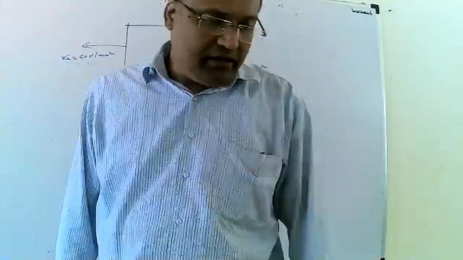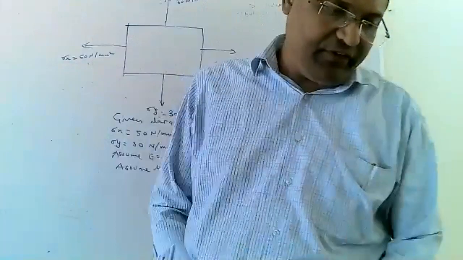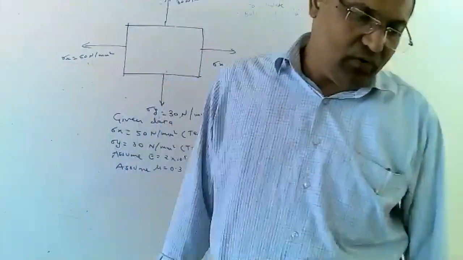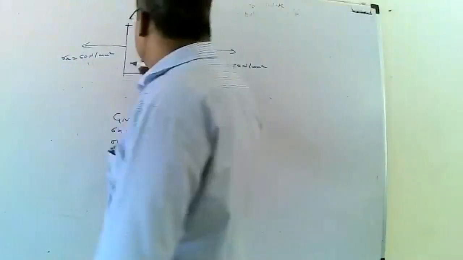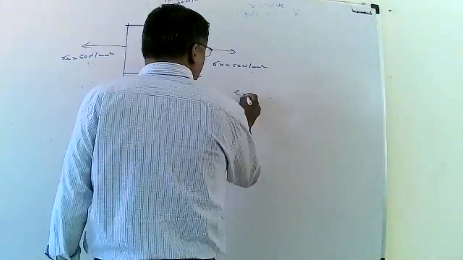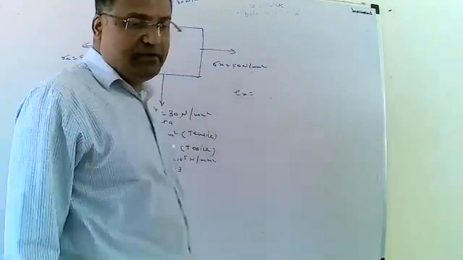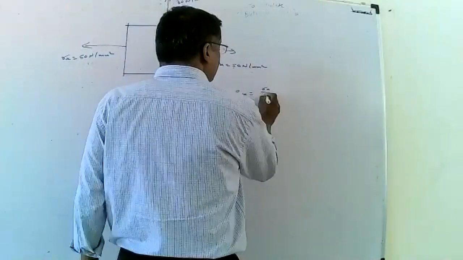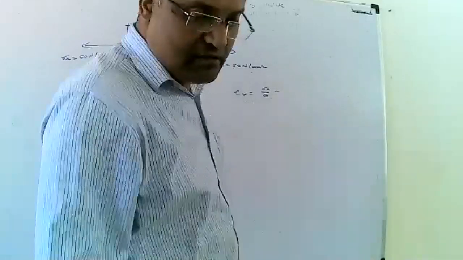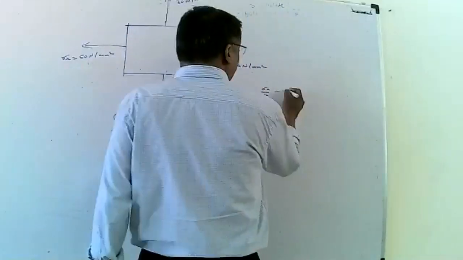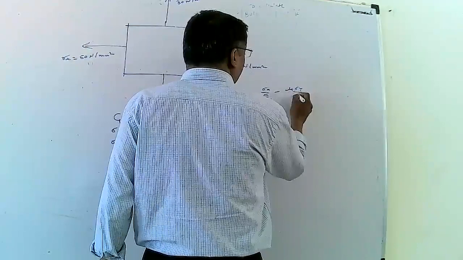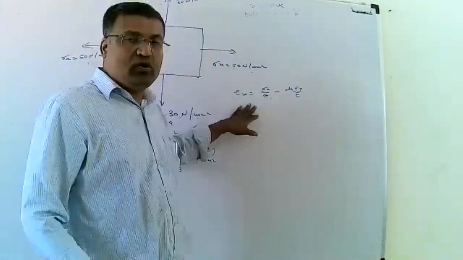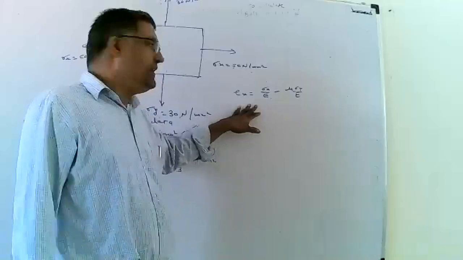Okay, then here we first find out the strain induced along the x direction. The formula is standard: Ex is equal to sigma x upon E minus mu sigma y upon E. This is the standard formula for the biaxial stress system.